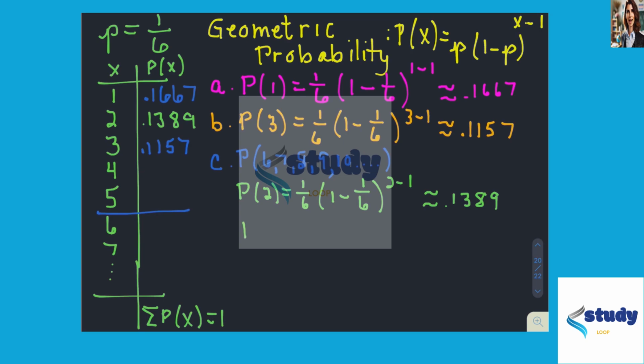And the probability of winning on the fourth would be 1/6 times the quantity of 1 minus 1/6 to the 4 minus 1 power, which is about 0.0965.